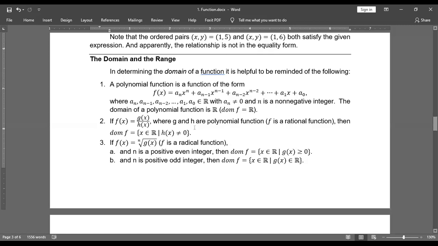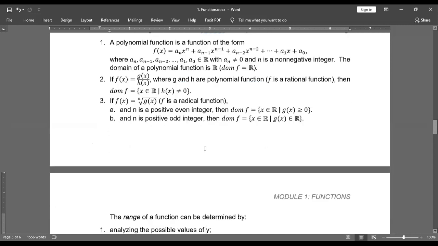But if our index is a positive odd integer, our domain is the real numbers, the set of all x such that x is a real number. Okay, that is for radical.